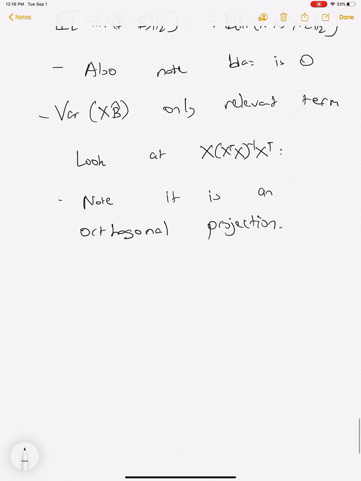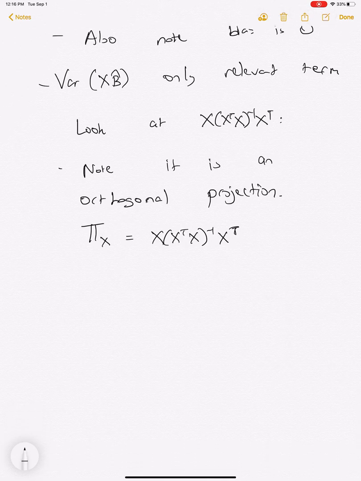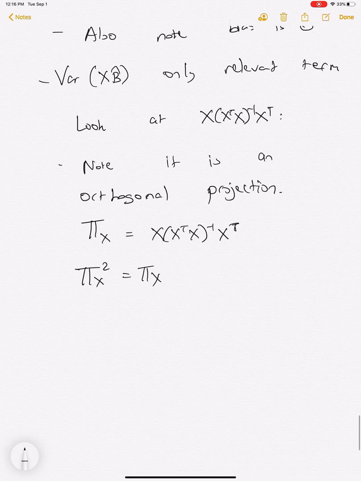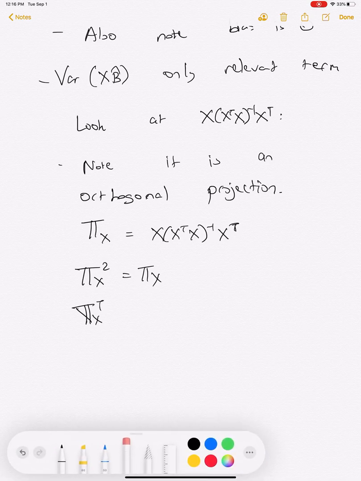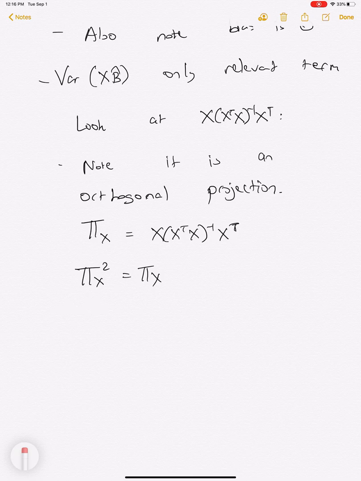So what that means is that if we let, let's just say, pi x denote it, I'm using this notation pi x because pi is what's used in math for projection. We can see that pi x squared is equal to pi x. So if you square it, you get back exactly the same thing because the inverses cancel out. And the other thing that makes it orthogonal, so that makes it a projection, is that if you take the transpose, then you also stay the same.